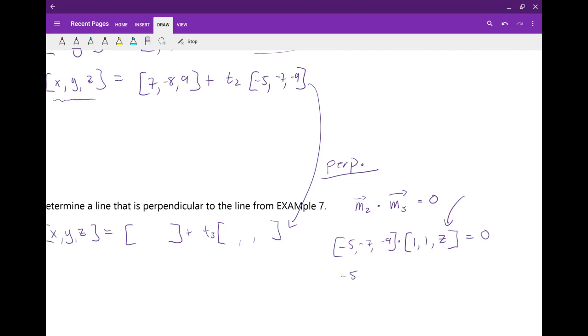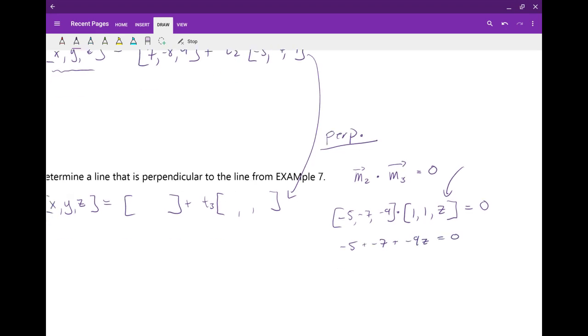So it's -5 plus a -7 plus, that was supposed to be a 7. -7 plus a -9z should equal 0, right?